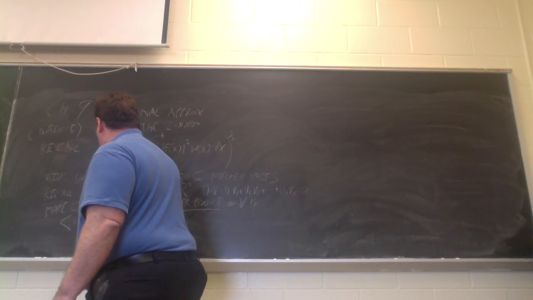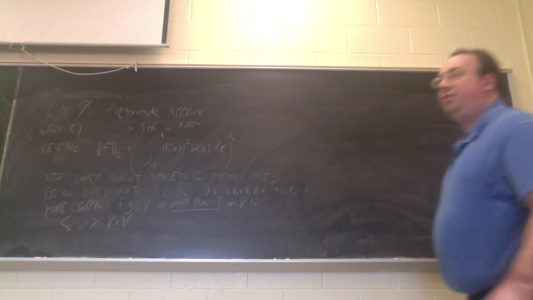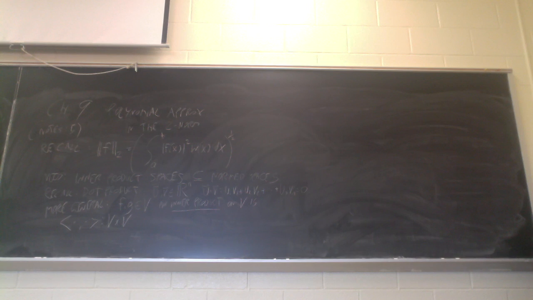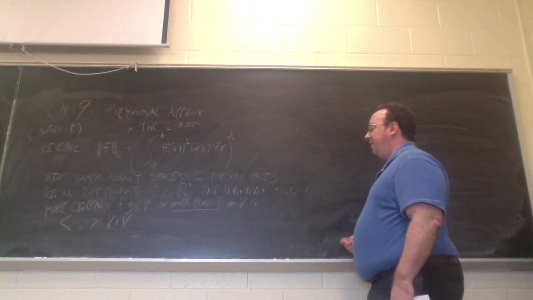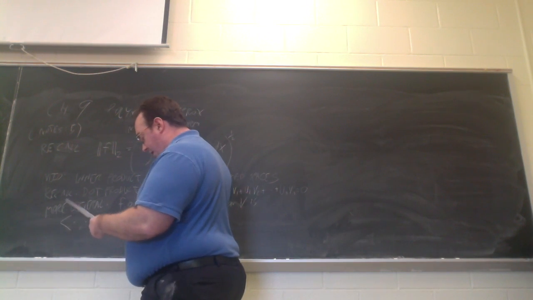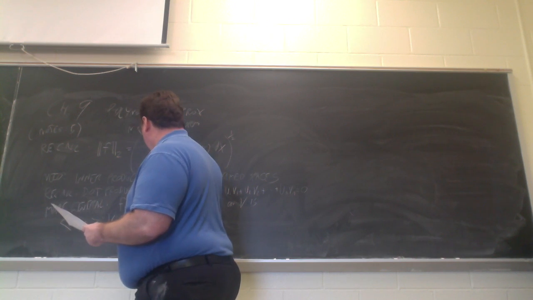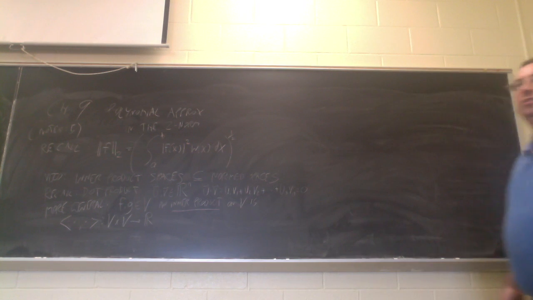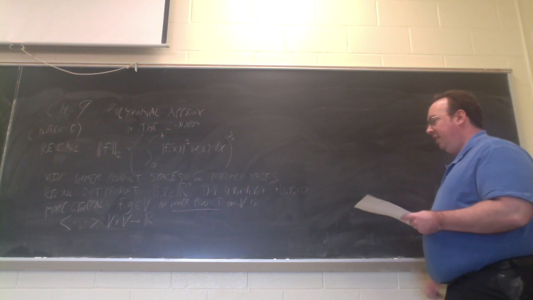So the domain is the Cartesian product V cross V. In other words, you're taking a pair of vectors from V and taking their inner product, with the range being the real numbers if we're on a real vector space. Otherwise, the inner product could be complex, but we'll just keep everything real for convenience.